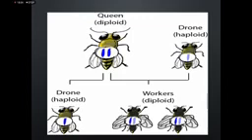And the honeybee queen lays many eggs, and a queen has 32 chromosomes and a drone has 16 chromosomes only.